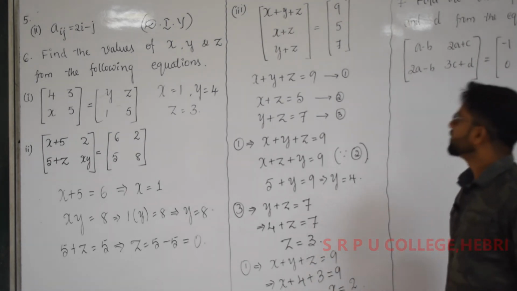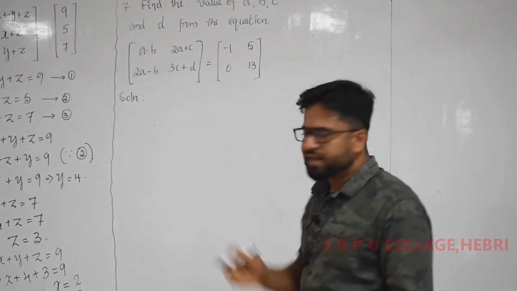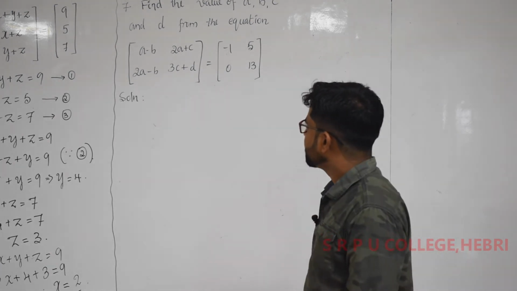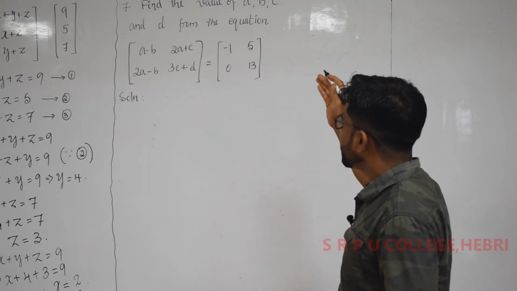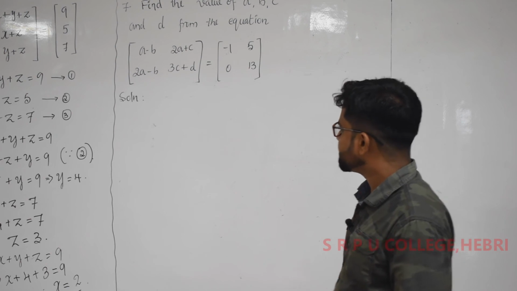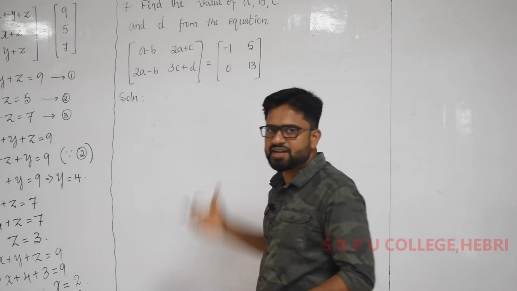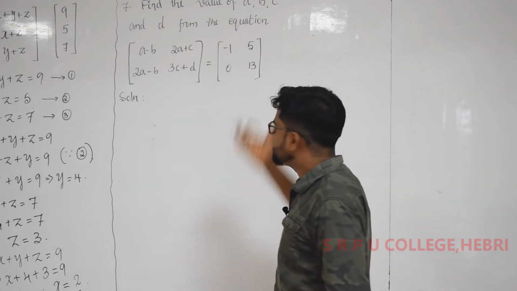Next, last problem in exercise 3.1, seventh one: find the values of a, b, c and d from the given equations. Two matrices are equal, so corresponding elements are equal.